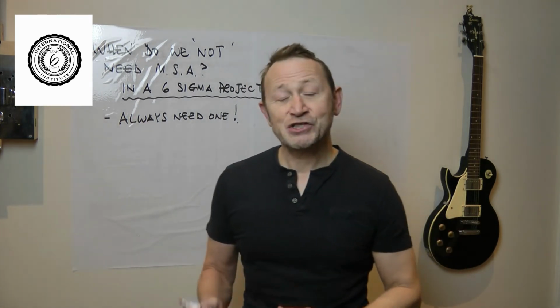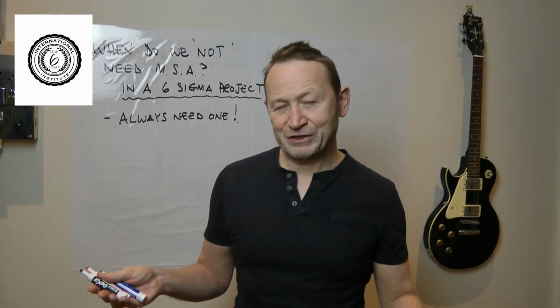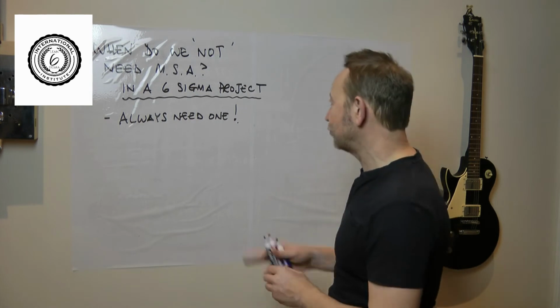You always need one in a Six Sigma project. So I'm going to give you some examples where I wouldn't do an MSA. I either wouldn't do one or I wouldn't do a formal MSA. But let's just think before we do that, what's the MSA for? So let's just get that straight first, and then you'll understand why you always need one.